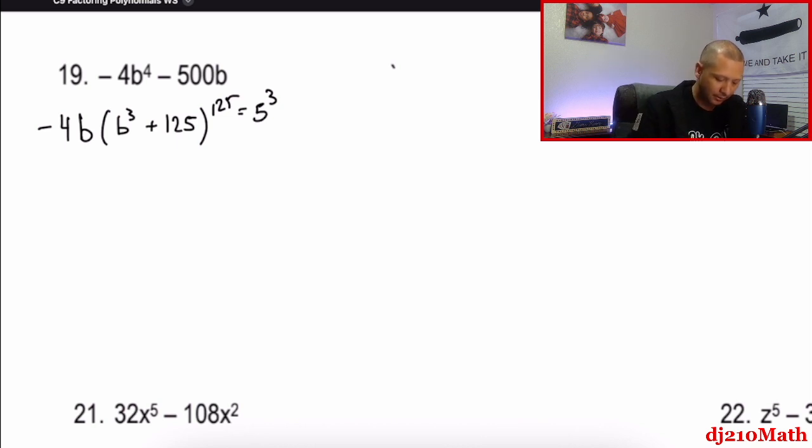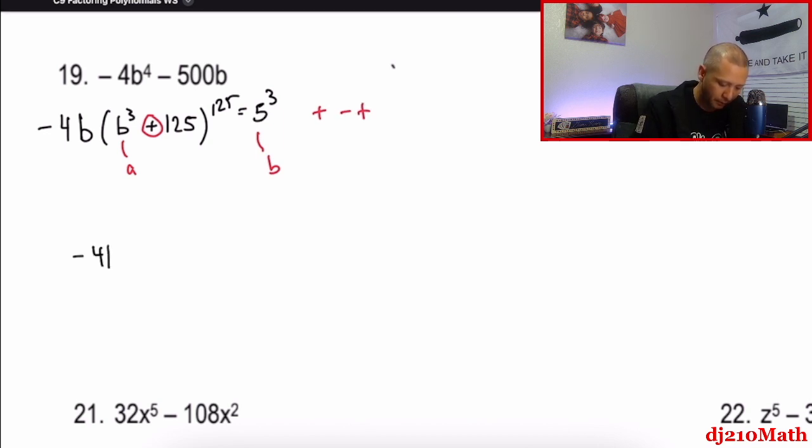Okay, so that means this is a sum of cubes, right? Where my a is b and my b is 5. All right, so in situations like this, when a is b, or b is a rather, I know it gets kind of confusing, but you got to be able to keep these things straight. So this is going to be plus minus plus is the pattern.